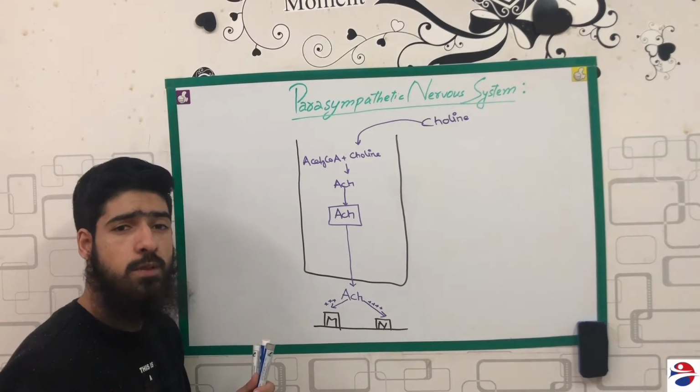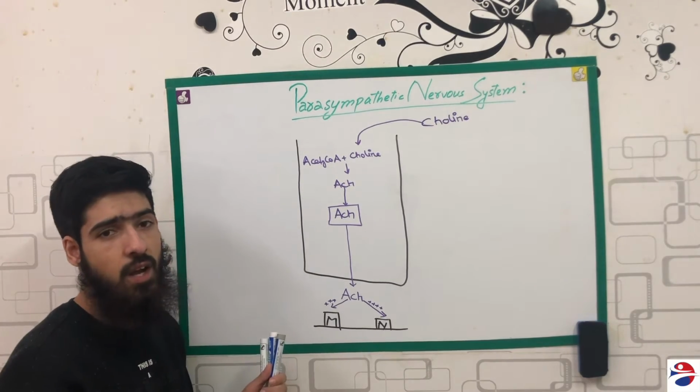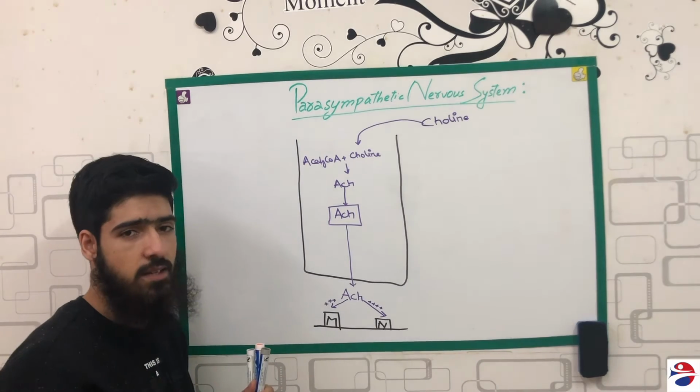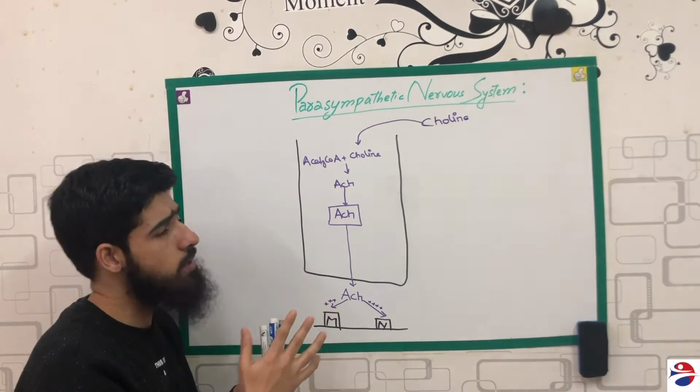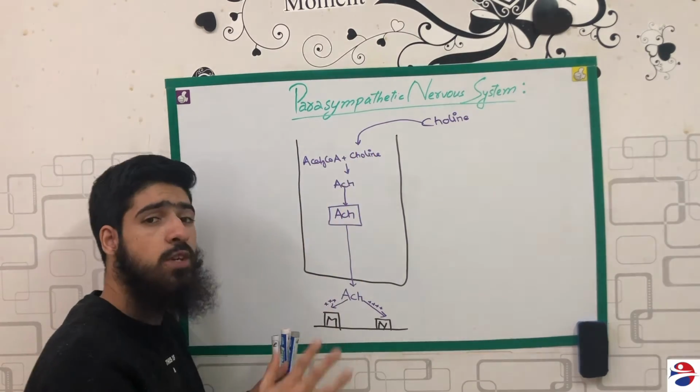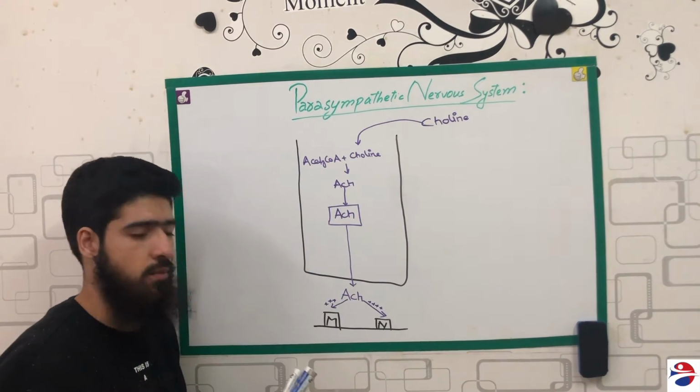Like if we have a patient with bradycardia, we need to decrease parasympathetic activity and increase sympathetic activity. So here we will discuss some drugs that we can use to inhibit or decrease parasympathetic activity.